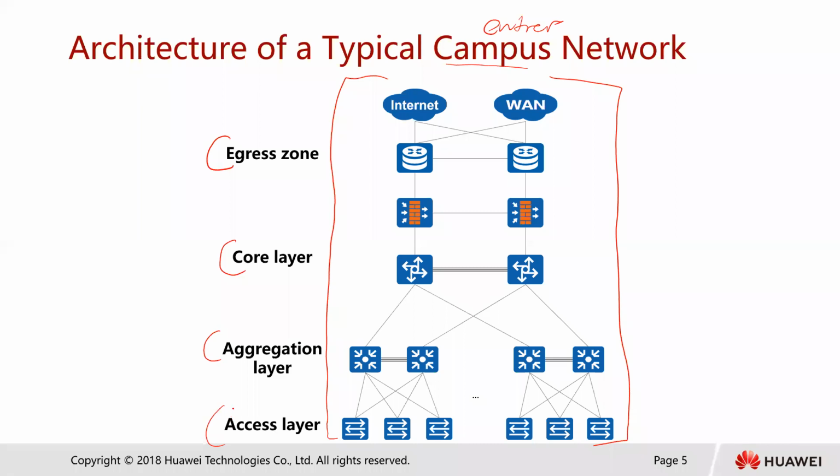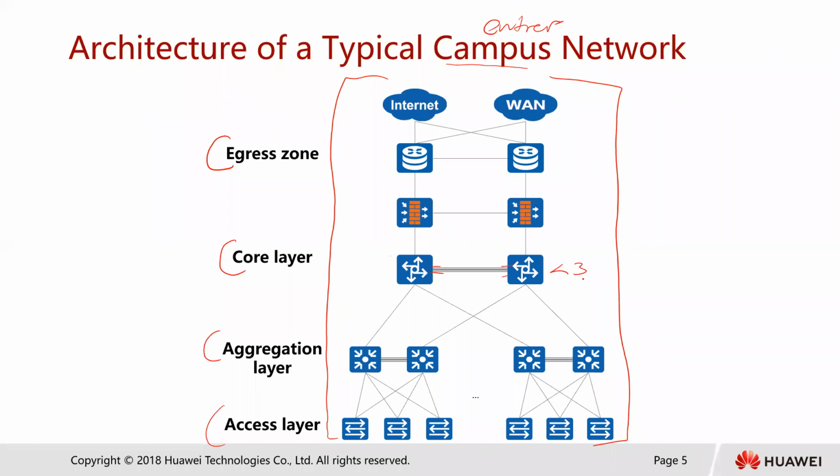Now, the traditional network usually contains the core, the aggregation, and the access layer. The core layer provides high-speed data channels. This is where we usually have the layer 3 switches and more powerful devices to help provide high-speed data channels.